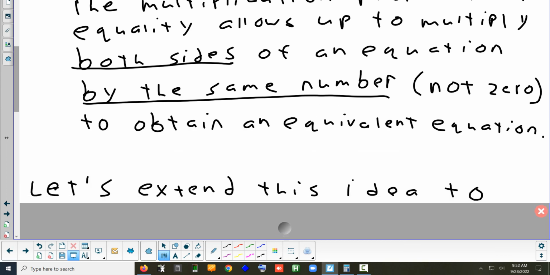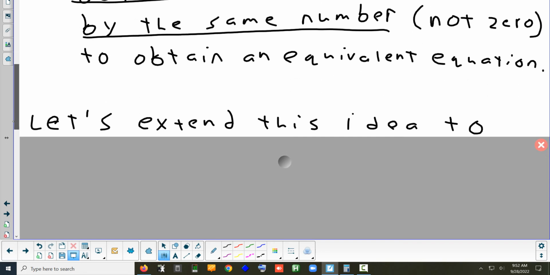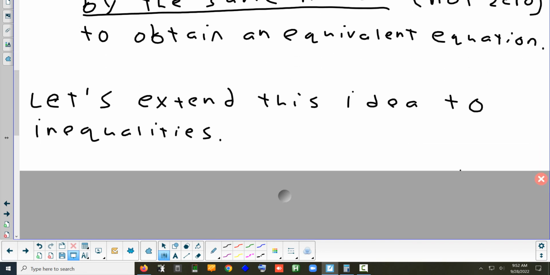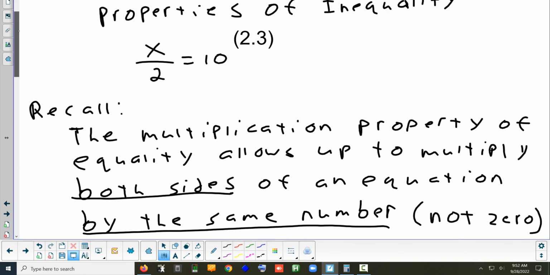Now, we're going to take that same idea and extend it to an inequality. But before we do, you might think, isn't it just the same thing? If you can multiply both sides of an equation by the same number, couldn't you just multiply both sides of an inequality by the same number?